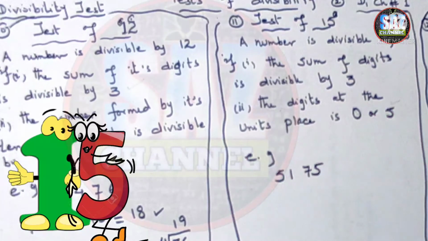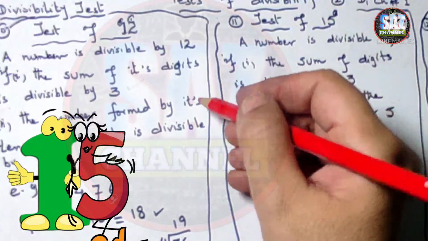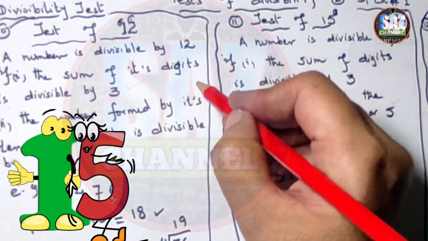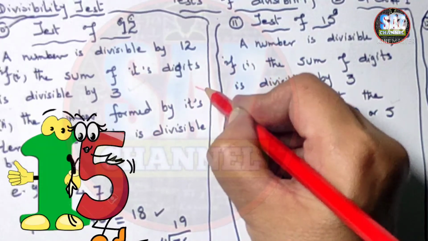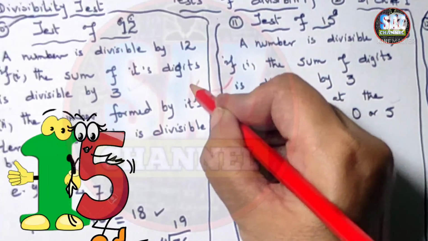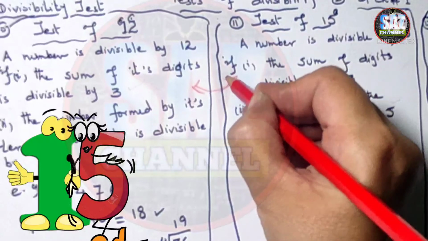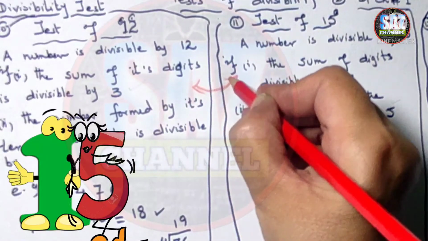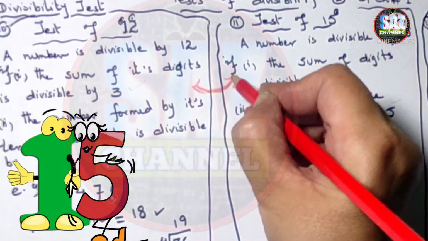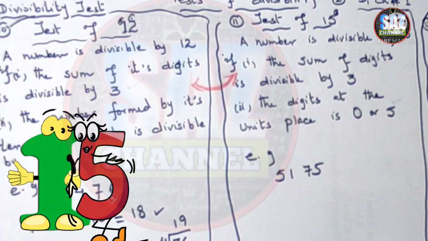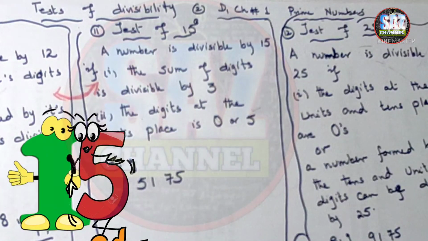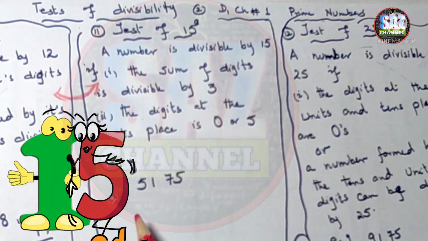Okay, again, see, find the similarities and differences, that this condition is the same for both the tests of divisibility of 12 and 15, that the sum of the digits means a number has to be divisible by 3 in both the cases. So let's check whether 5175 is divisible by 15 or not.